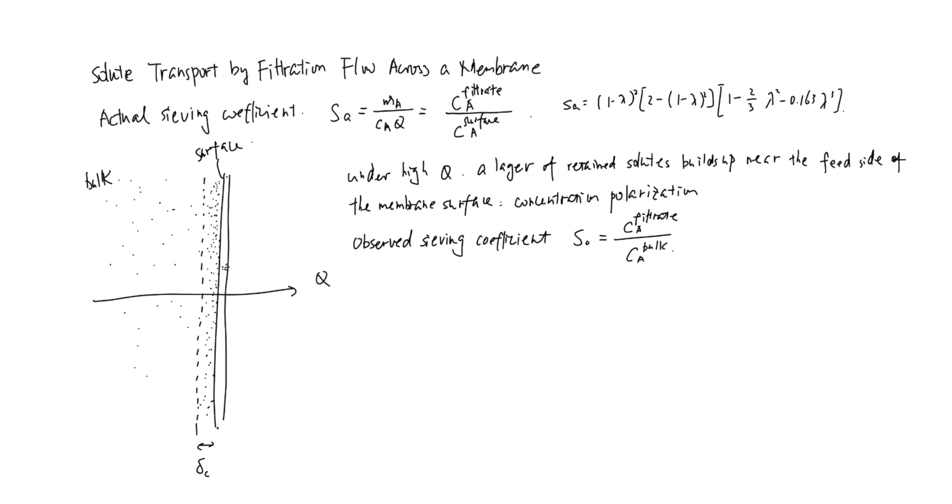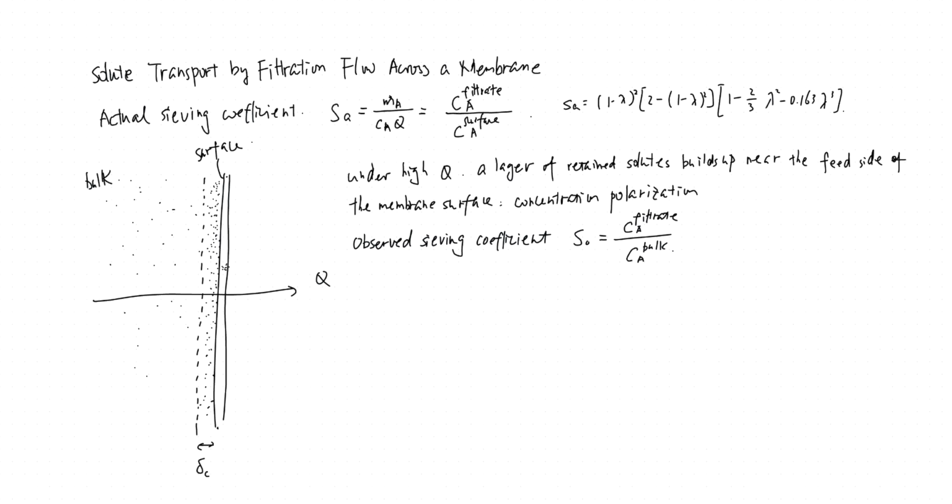We call it observed because usually if you are doing an experiment or considering what happens in some biomedical devices, it's hard to get what is exactly on the surface of a small membrane, or in some scenarios it's harder to measure. But what you can easily observe is the concentration in the bulk part.